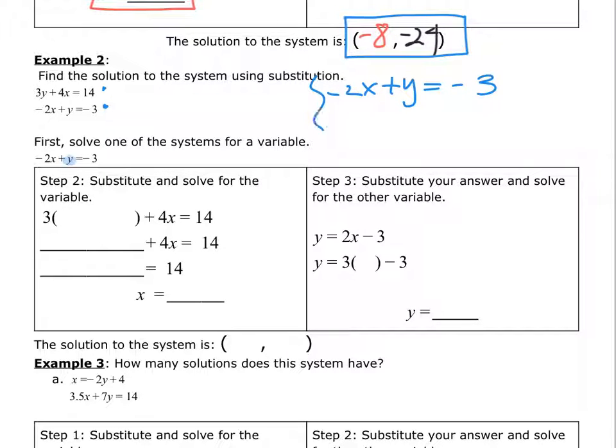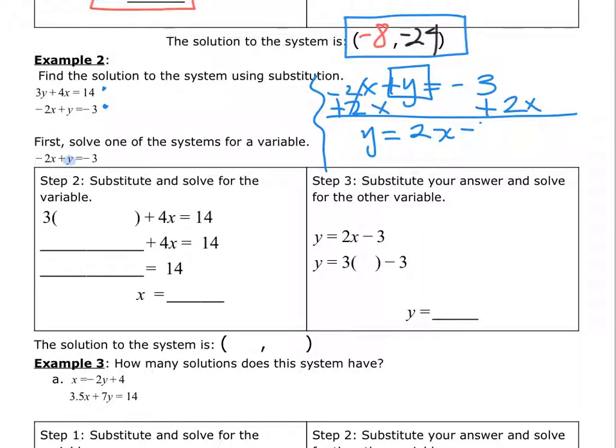So step 1, I'm going to get y by itself. So how do I move that negative 2x? By adding. So I'm going to say plus 2x. Plus 2x. So I have y is equal to 2x minus 3.